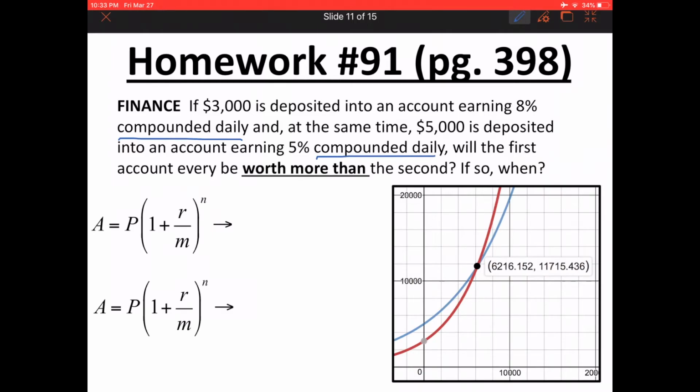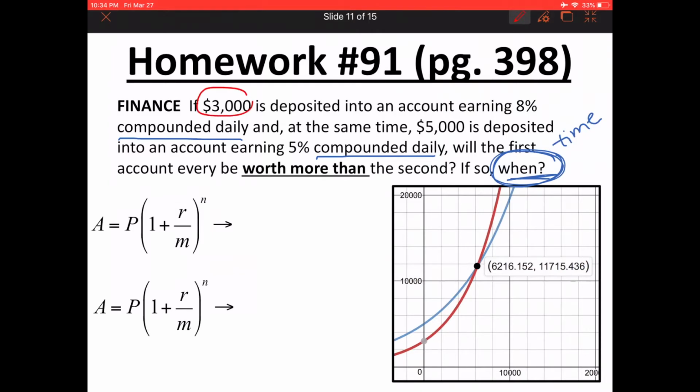Will the first account ever be worth more than the second account? If so, when? So if they're asking for when, they're asking for time. They want to know when will it ever be more. And notice what we have to do. We're going to have to come up with equations for both of these situations, and then we're going to have to graph.